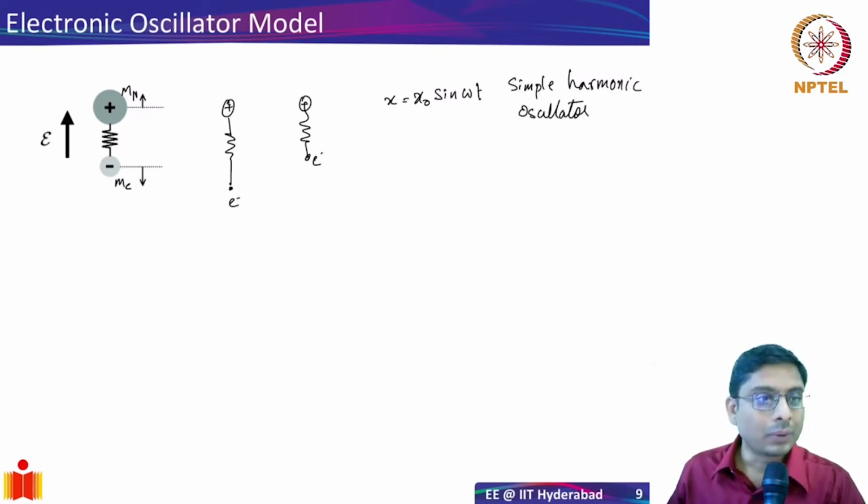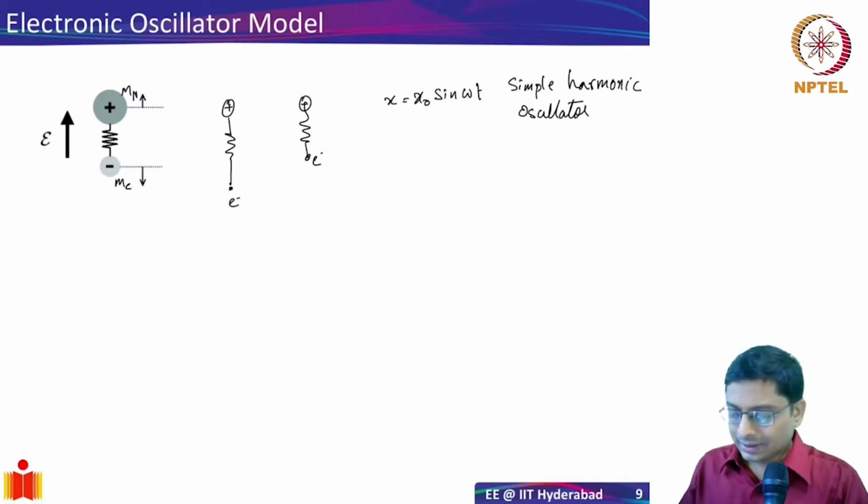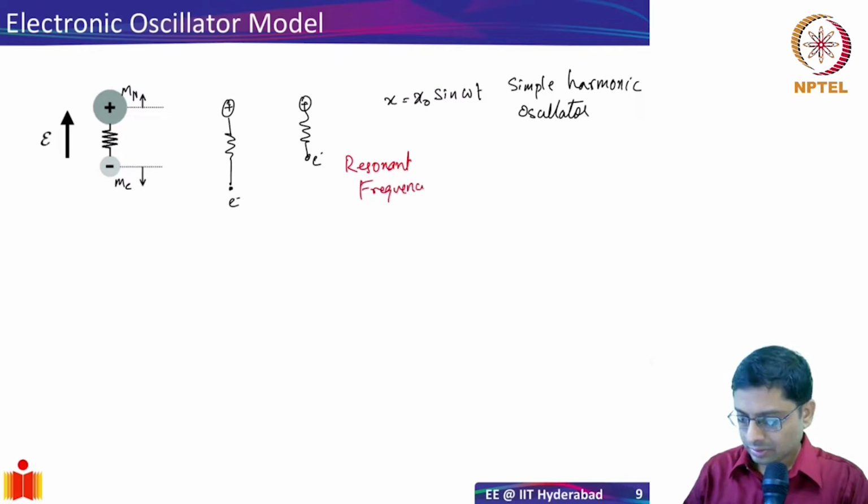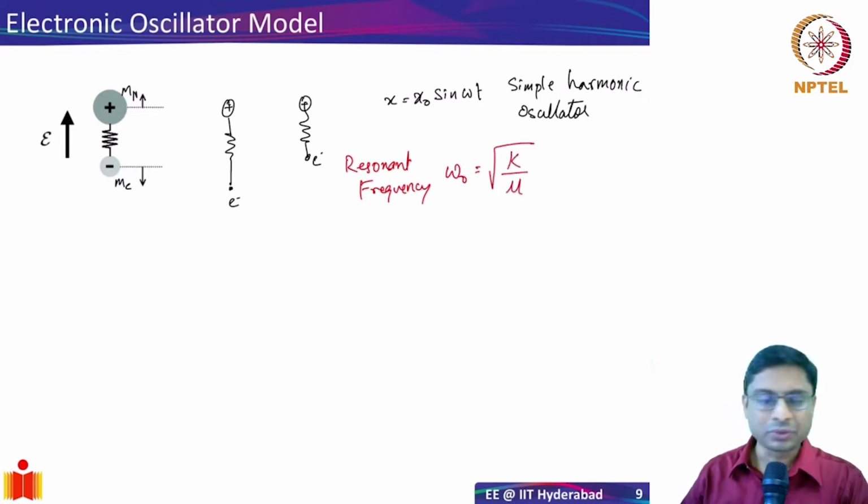How does this help us? Well, it helps us because this spring mass system has a resonant frequency, and we have studied that in classical physics. The resonant frequency omega naught is basically root over k by mu, where mu is the reduced mass.